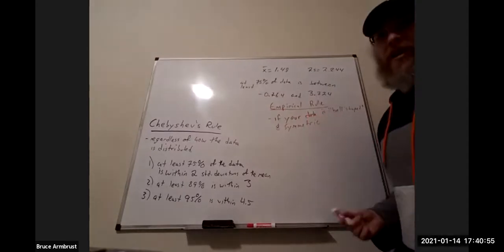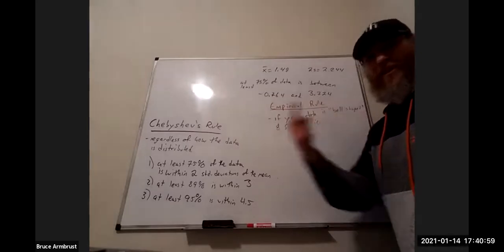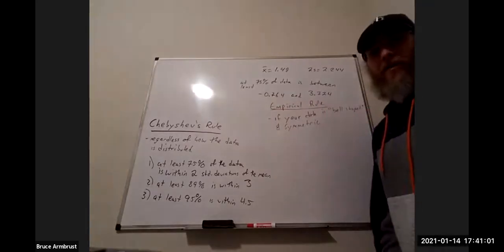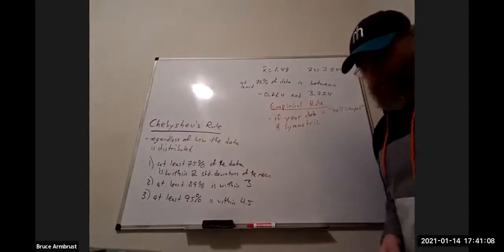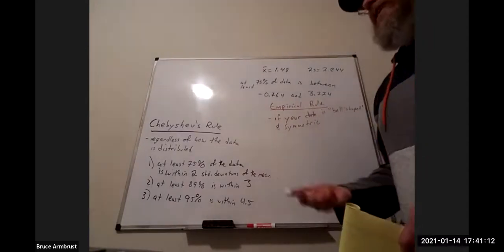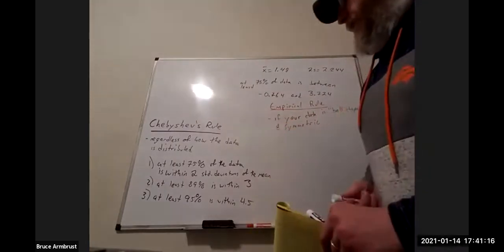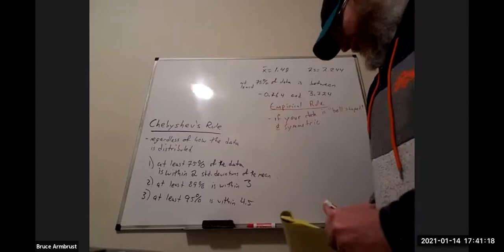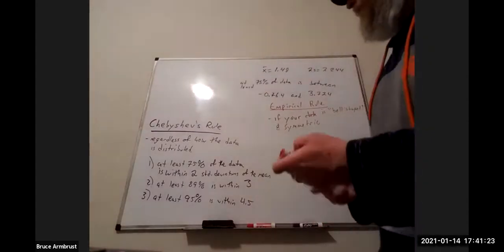So if we're in a situation where our data is bell-shaped and symmetric, so symmetric means it looks the same on either side, so it's not skewed, we don't have weird peaks in weird places. And it's bell-shaped, meaning if you were to actually draw a graph of, let's say, a bar chart or a histogram or something, what it would look like is something like this.